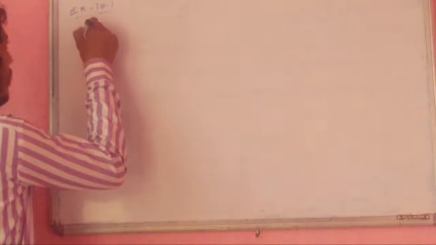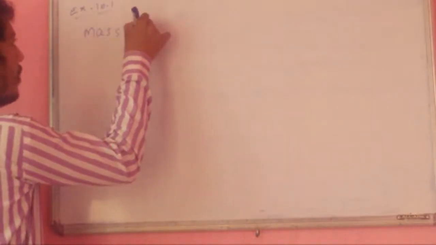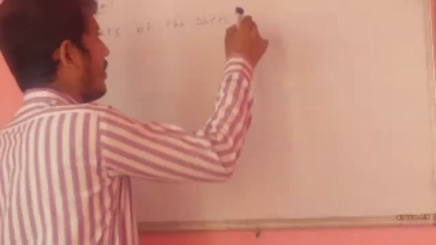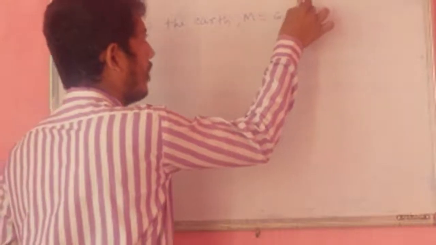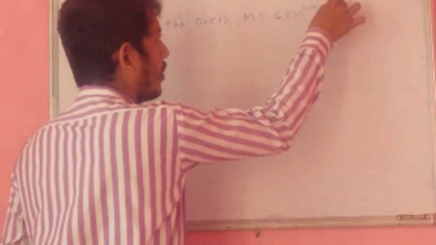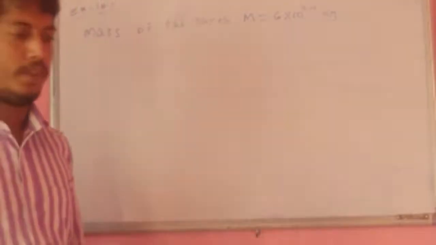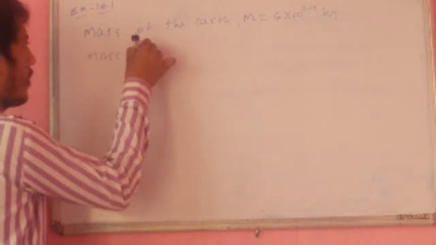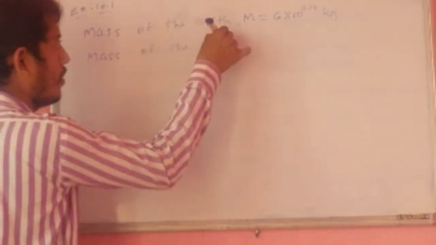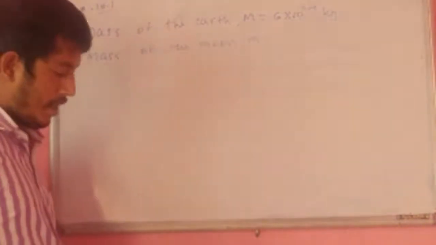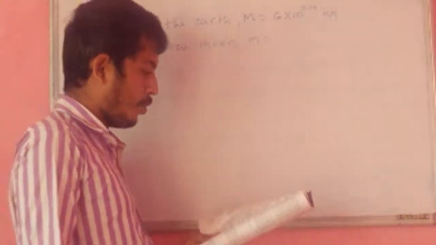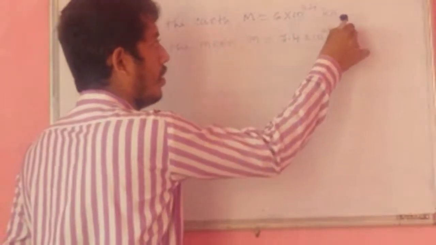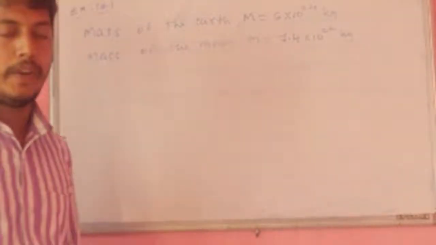The first one, mass of the earth. Consider that as capital M, that is 6 into 10 raised to 24 kg. And then mass of the moon, I will consider that as small m, that is equal to 7.4 into 10 raised to 22 kg.